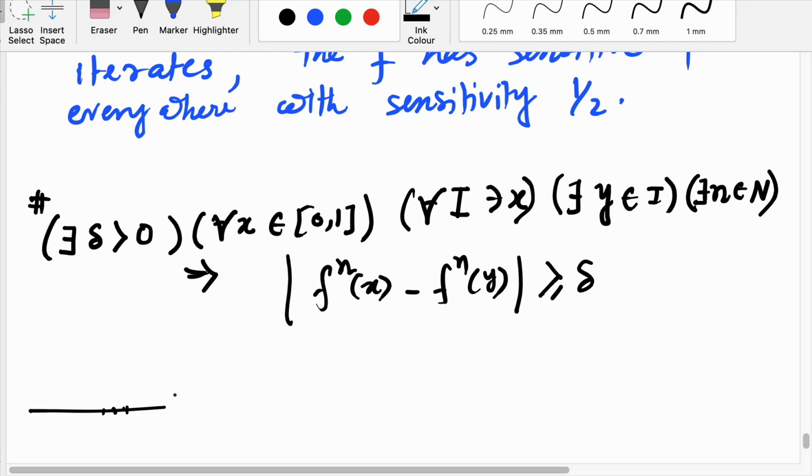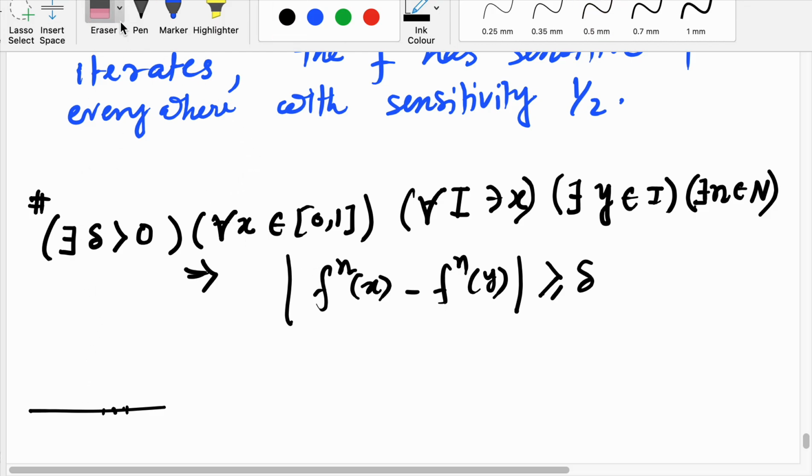So that's why it is called sensitive. Whatever neighborhood you go into around x, you will always find a y, and you cannot say in general about the future of x from y. So the predictability has been lost already. So let's prove that.